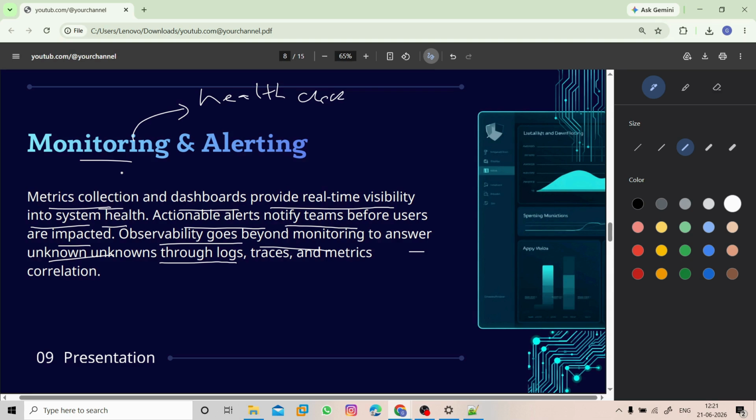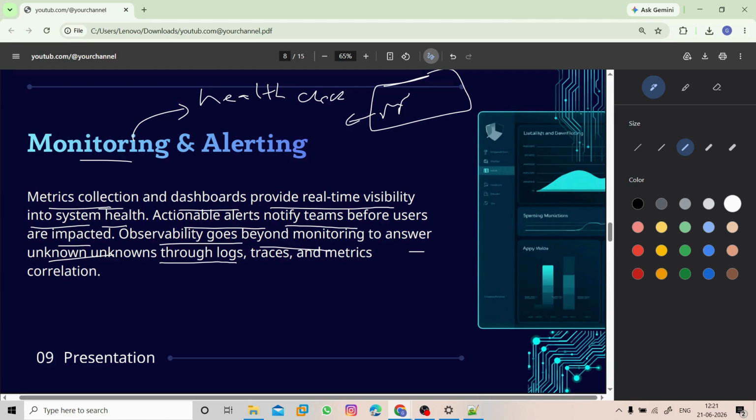We can monitor everything using dashboards. In the dashboards, if we see something is happening with a system, we have to resolve it within the time, because if it is not resolved, the customers, the users, will be impacted by these issues.